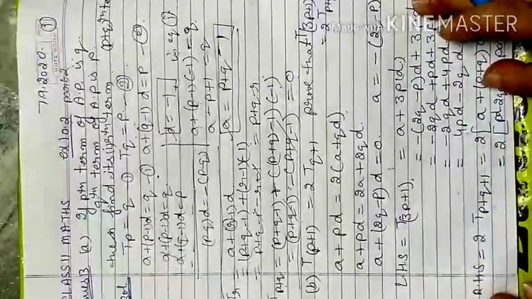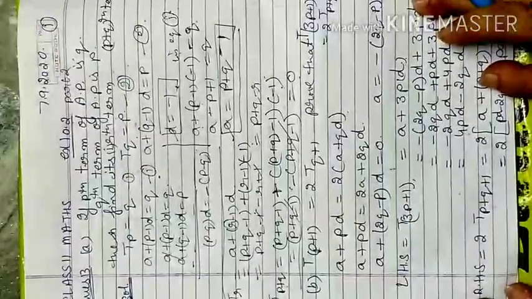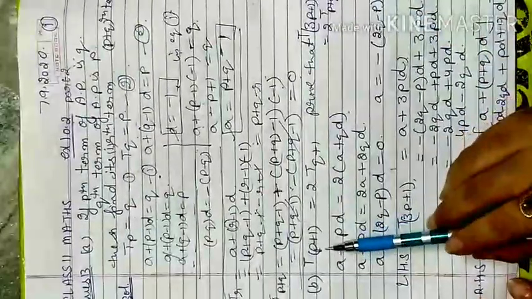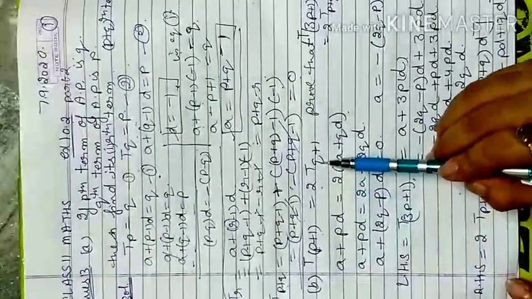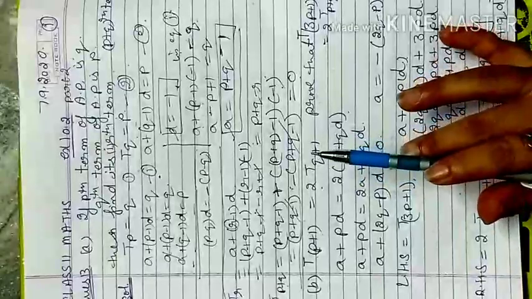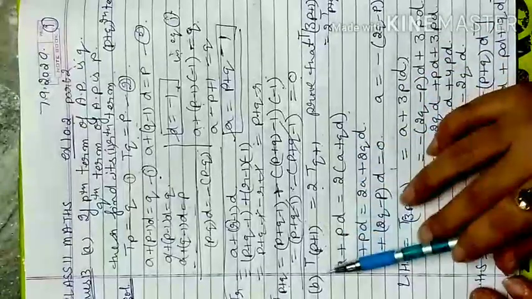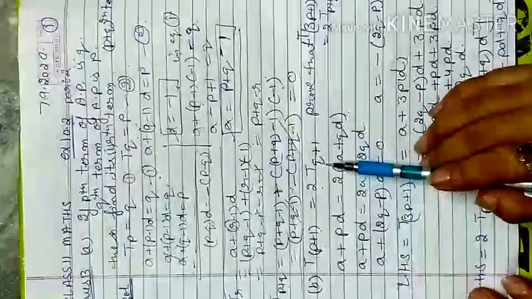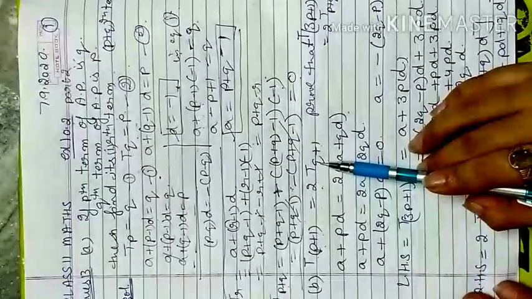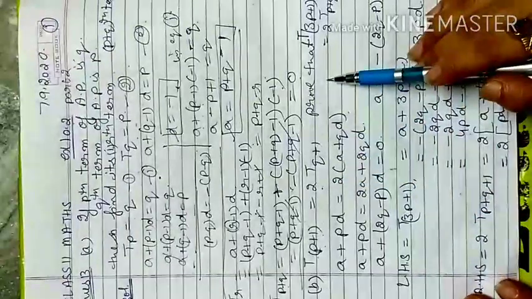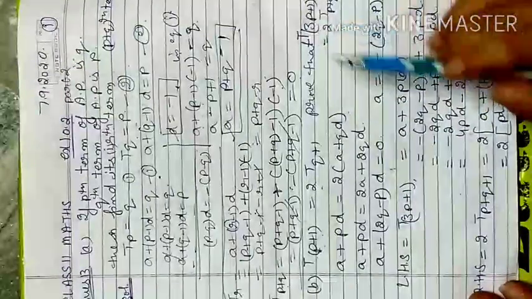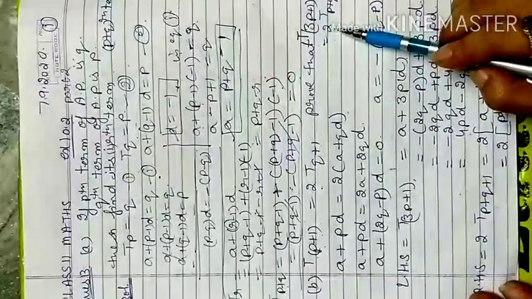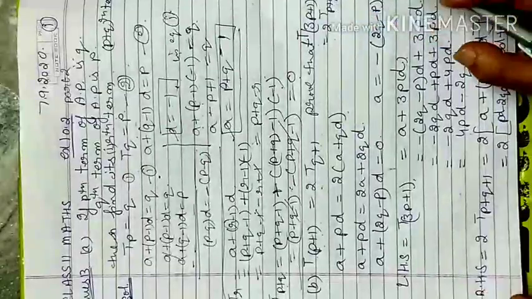Next is the 13th question, part B. It is said that if the (p+1)th term of an AP is equal to 2 times the (q+1)th term of the AP, what you have to prove is that the (3p+1)th term is equal to 2 times the (p+q+1)th term.